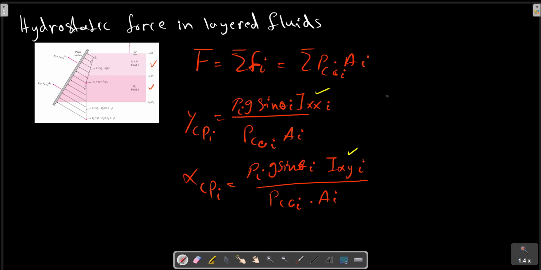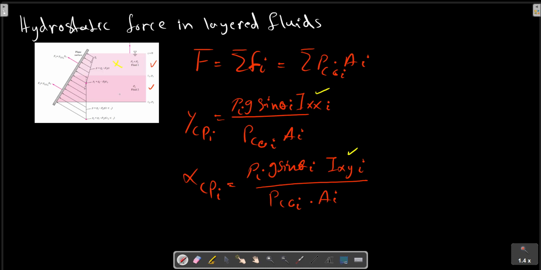We have various formulas for calculating inertia for different shapes in the reference, and you can use the appropriate formula for calculation. This formula locates the center of pressure of that particular F with respect to the centroid of that particular portion of the plate in the layer as shown here.